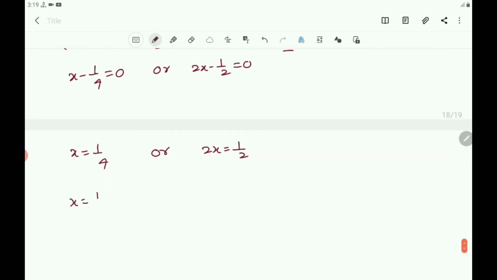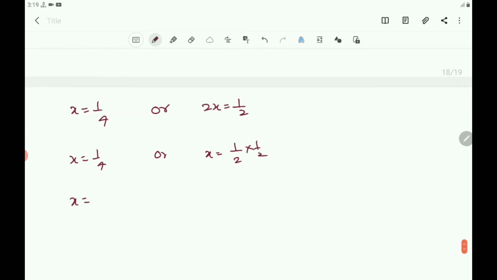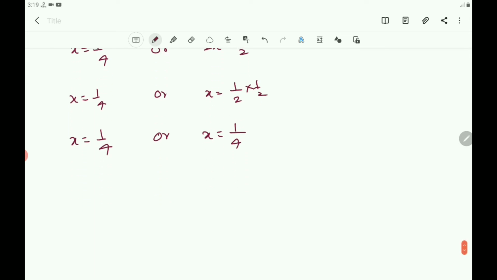Then x equals 1 by 4 or x equals 1 by 2 into 1 by 2, that is 1 by 4. Therefore the roots are 1 by 4, 1 by 4.